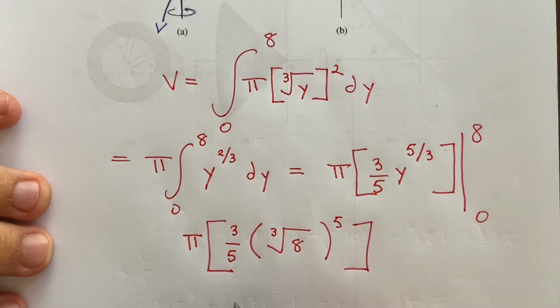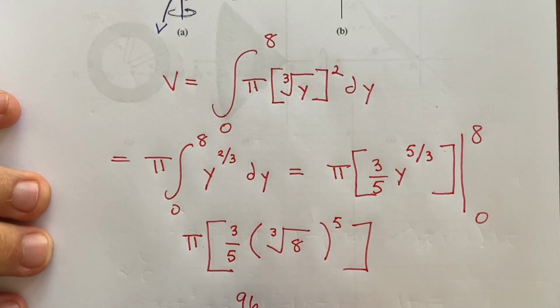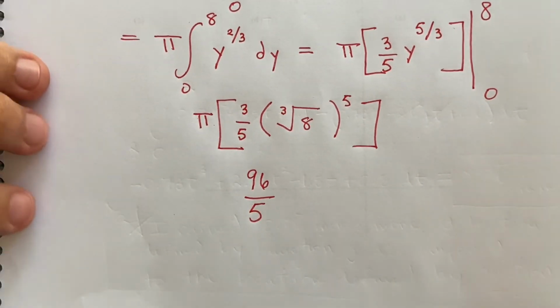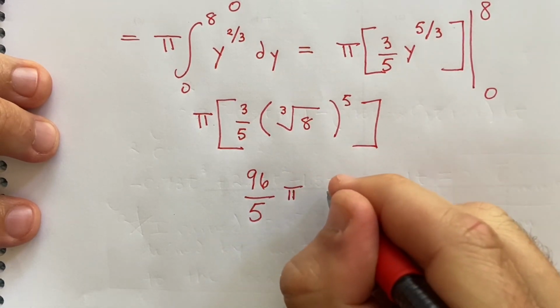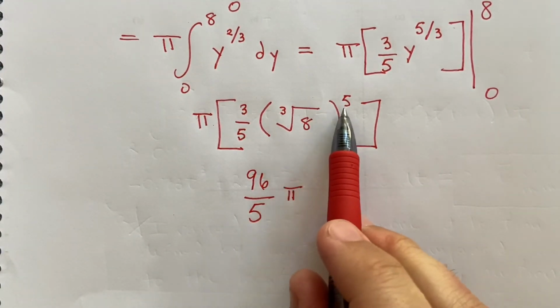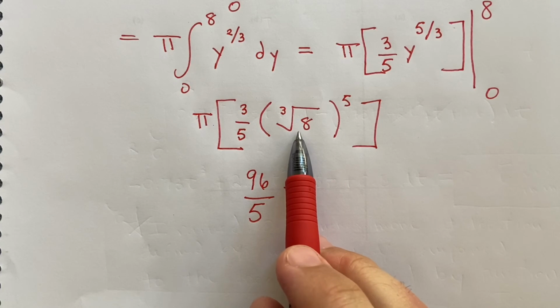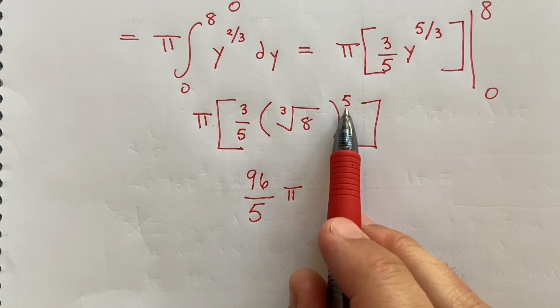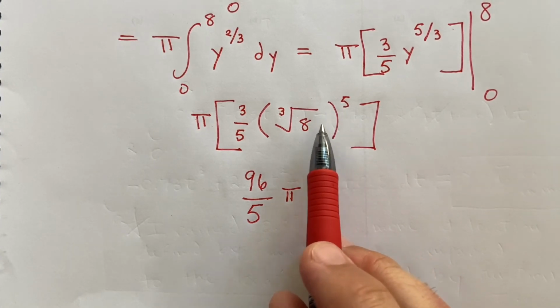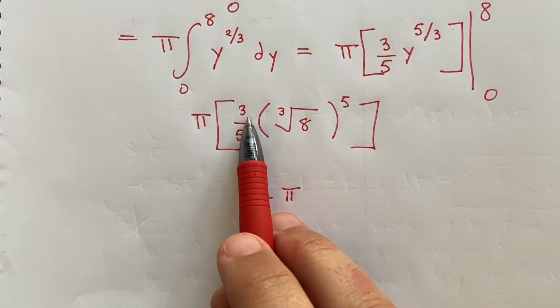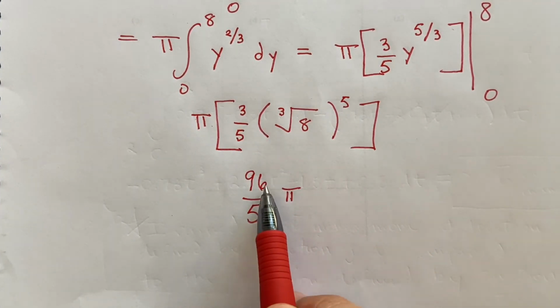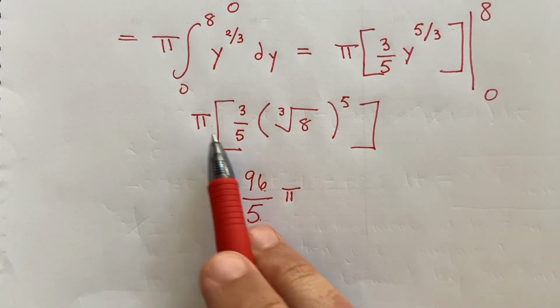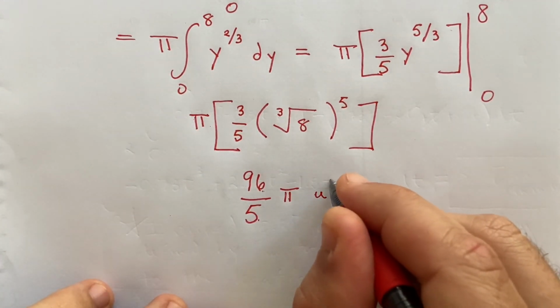So we would get, I guess, 96/5 pi, right? So I get 2 to the 5th, 32. 32 times 3, 96. So 96 over 5, and then times pi. And this would be cubic units.